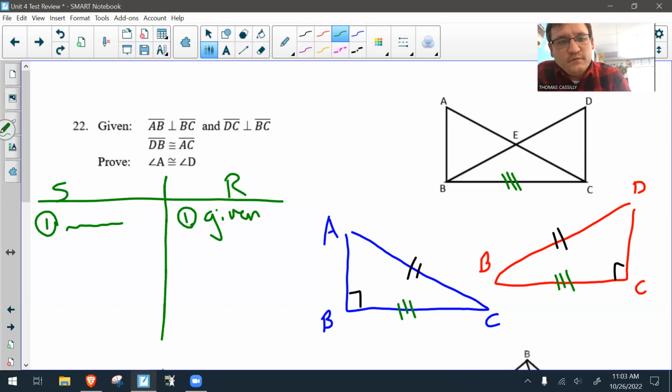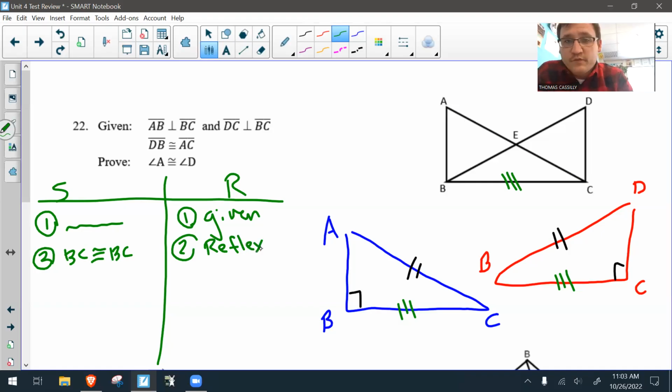Now step 2, we can use the reflexive property. So we know BC is congruent to BC. That is just reflexive. I'm going to abbreviate a lot here.